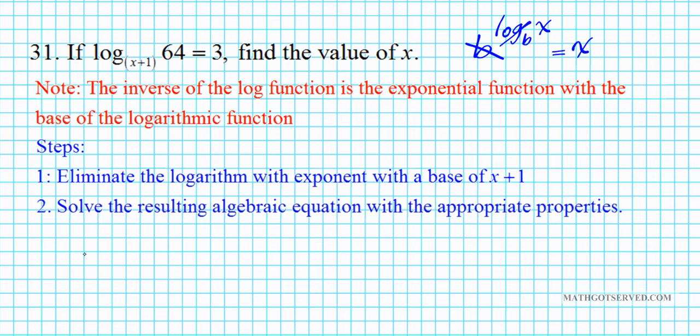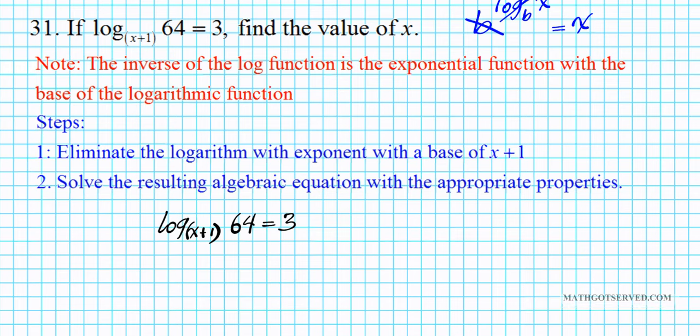Now, steps we're going to use for this problem solving process. First of all, we'll eliminate the log base x plus 1. That will result in an algebraic equation which we will solve with the appropriate algebraic properties. So log base x plus 1 of 64 is equal to 3. That's our original problem.